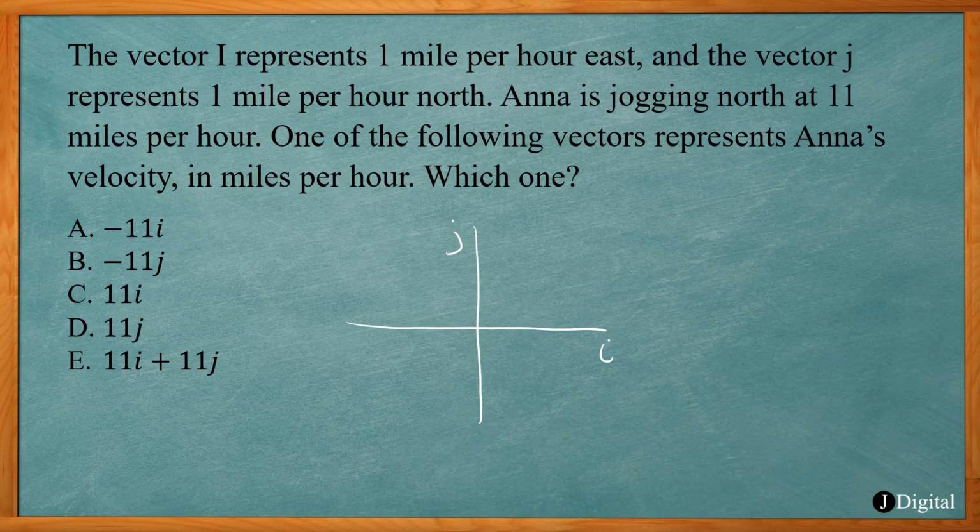She's jogging 11 miles per hour north. It's going to be a vector like this, with a height of 11. So we have a j component of 11 and i component of 0. So you can say 0i plus 11j or just 11j. So answer D.